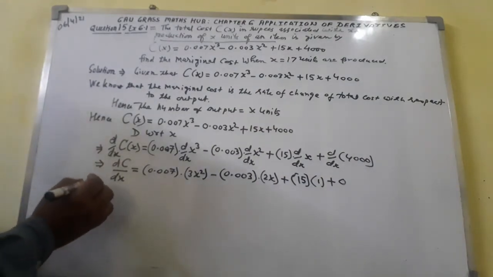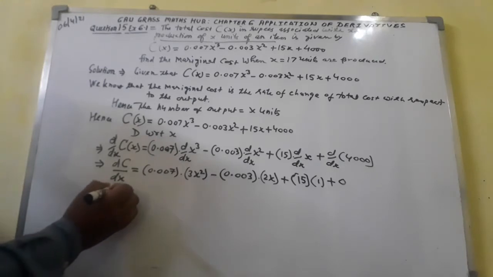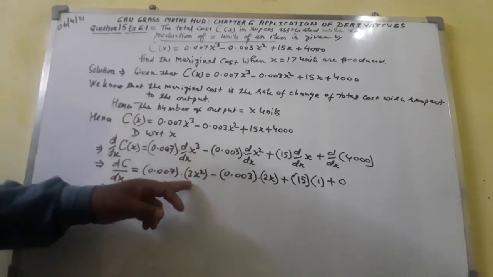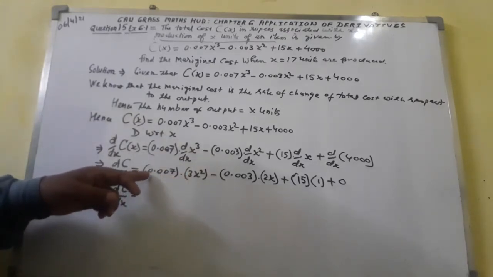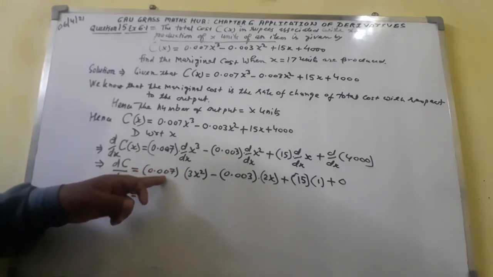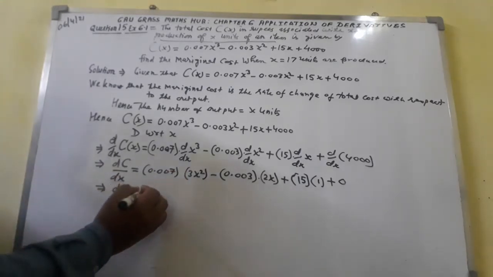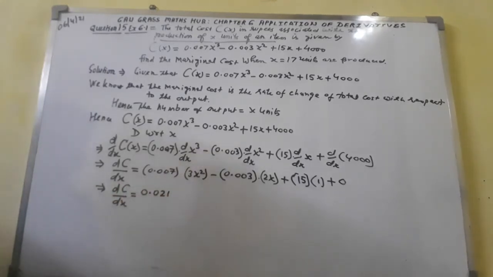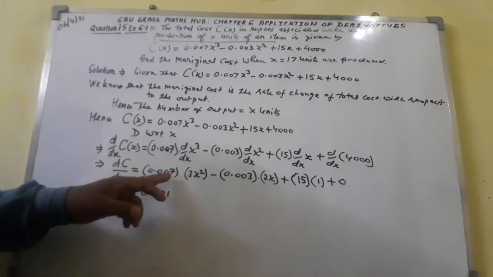Here again I shall write, implies that dC over dx equal to 3 multiplied by 0.007 comes out to be 0.021. 3 sevens are 21.